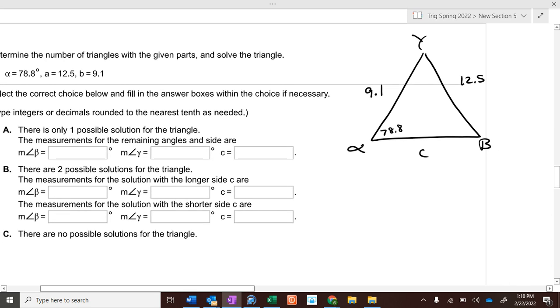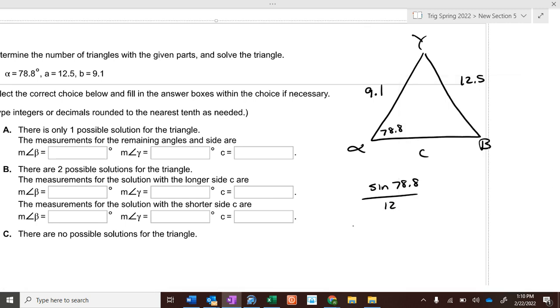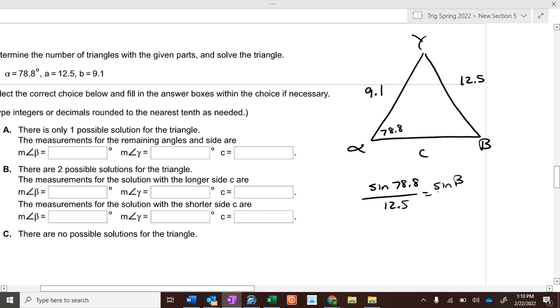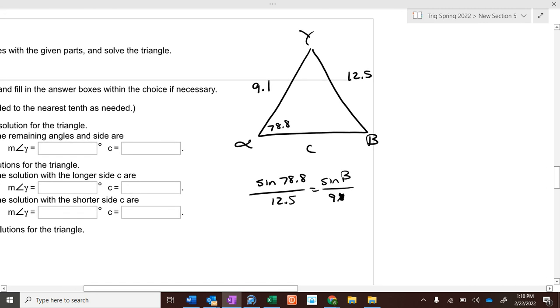All right. So if we do this one, and we do the sine of 78.8 over 12.5 equals the sine of beta over 9.1. Take 9.1 times the sine of 78.8 divided by 12.5. So if you do that, what do we get?